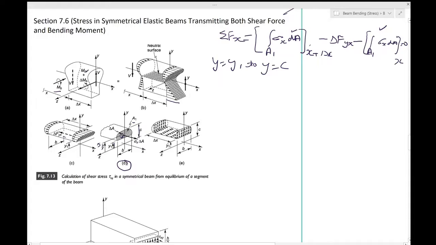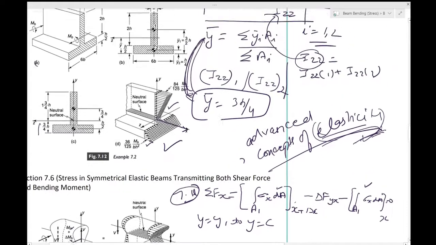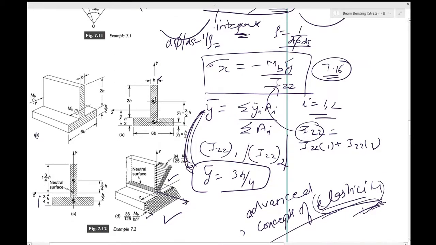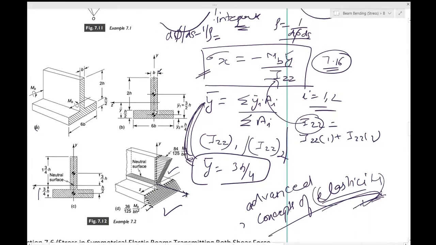Okay, so now we substitute 7.16 into this 7.18. So do we have 7.16? Yeah, this is 7.16. So sigma x equal to minus Mb y divided by Izz. So we want to put this over there.